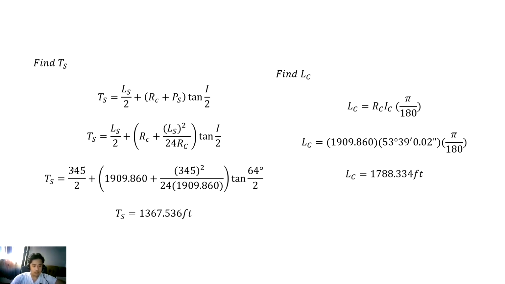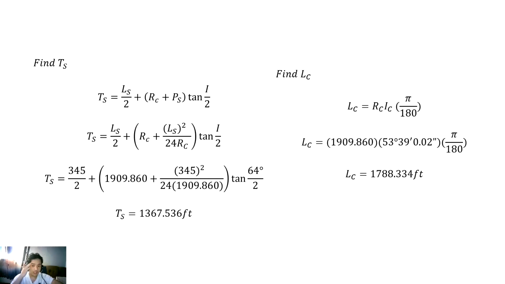So, makukuha natin yung 345 over 2 plus 1,909.860 plus 345 squared over 24 times 1,909.860, close parenthesis, times tangent 64 degree over 2, and we'll get 1,367.536 feet.